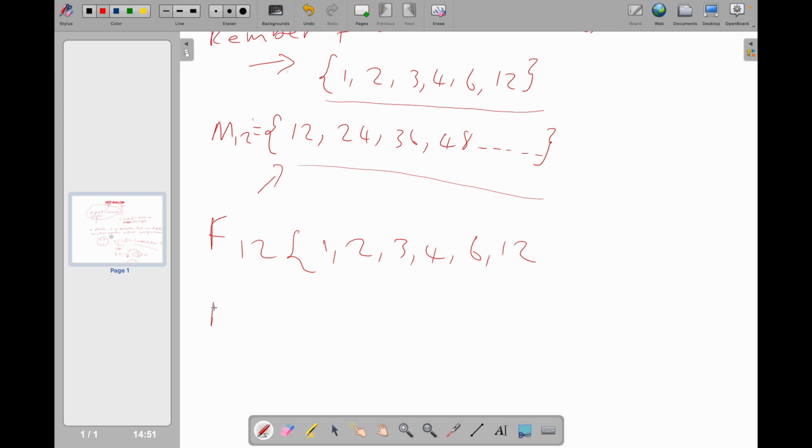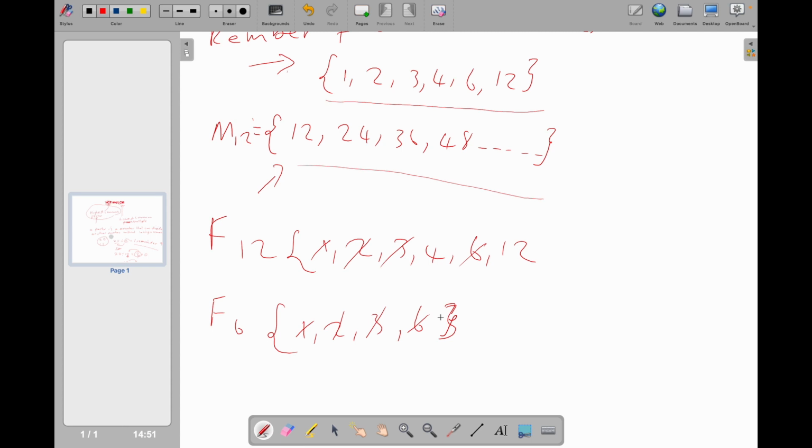And then factors of 6 are 1, 2, 3, and 6 itself. So common, you see we have 1 and 1, 2 and 2, 3 and 3, and 6 and 6. So these are common factors.